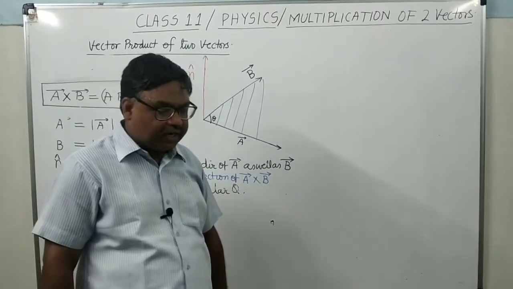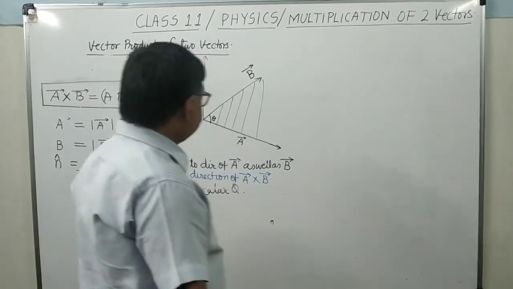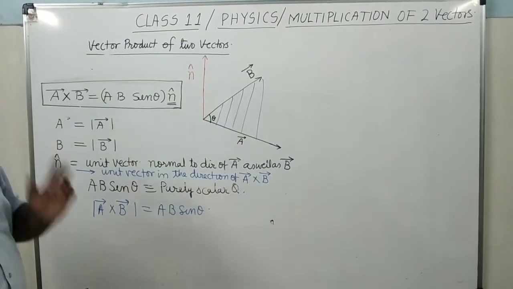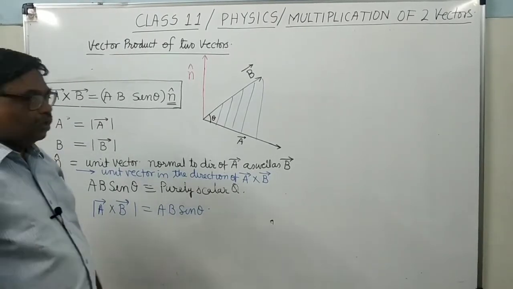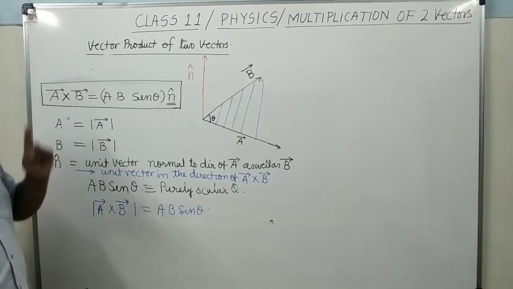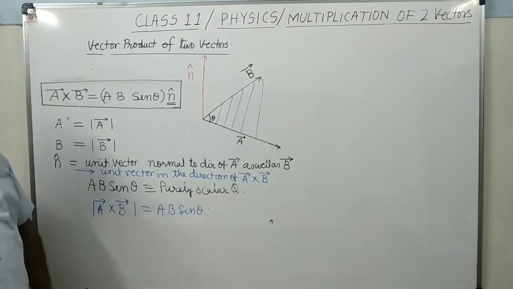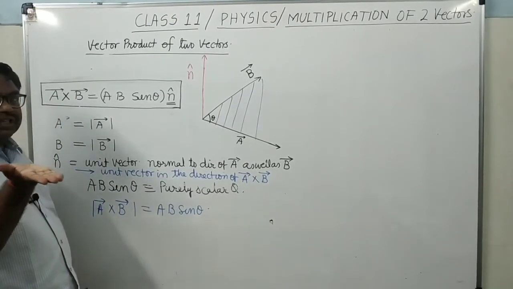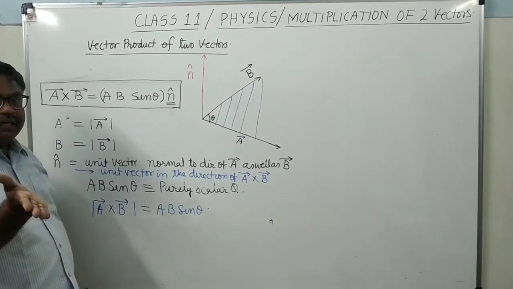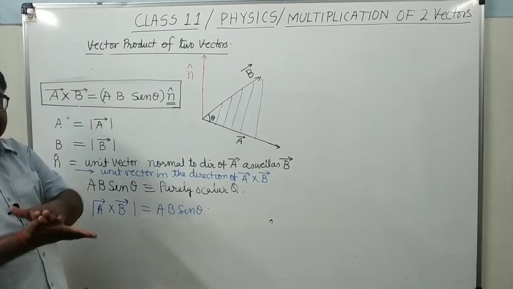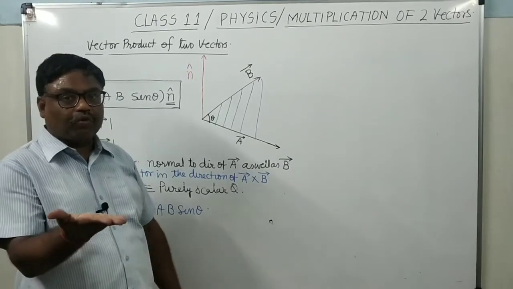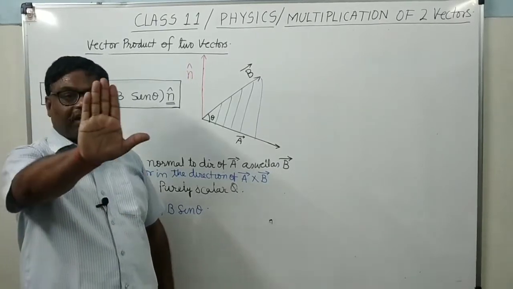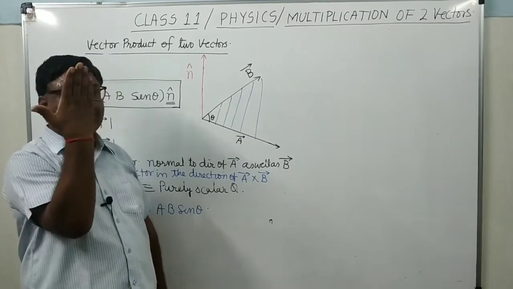How will you find that direction? That direction can be found by using the right hand palm rule. Suppose you have to determine the direction of vector A cross vector B. You will place the palm of the right hand, stretching fingers and thumb in such a way that both are perpendicular to each other.